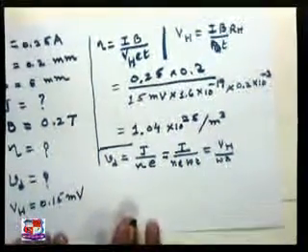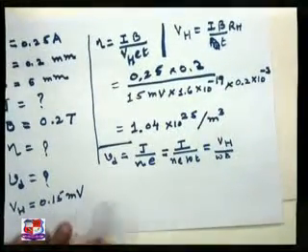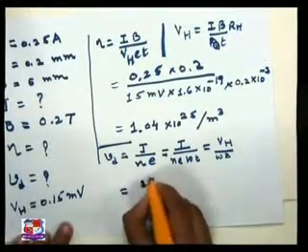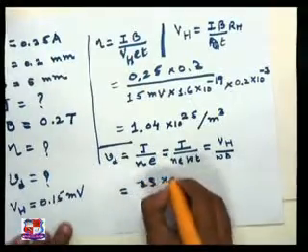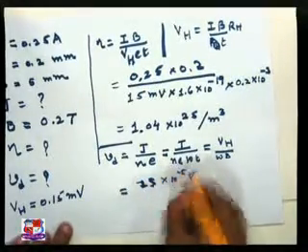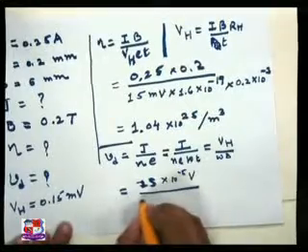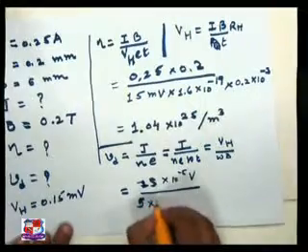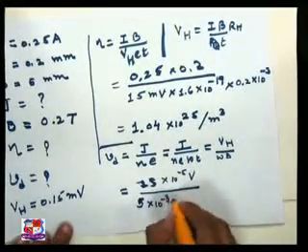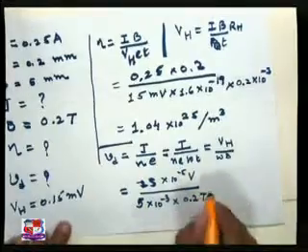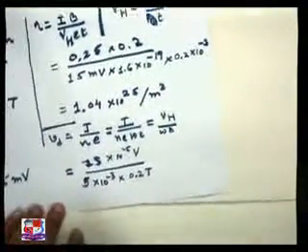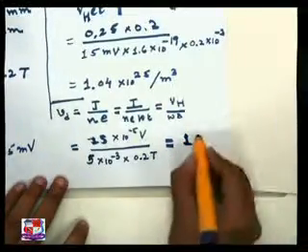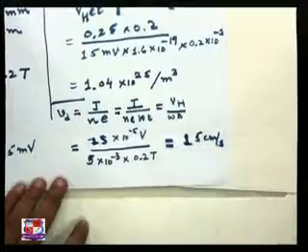This is actually a simple derivation, just by substituting the values of different quantities. We can have V H as 15 into 10 raised to minus 5 V, divided by W, that is 5 millimeter, 5 into 10 raised to minus 3 meter, and the field is already in Tesla, that is 0.2 T, and we can have as an answer 15 centimeter per second.